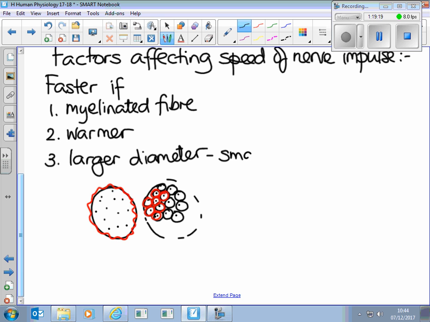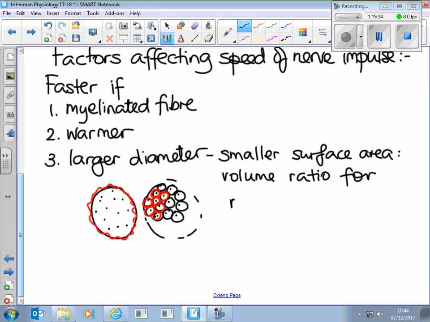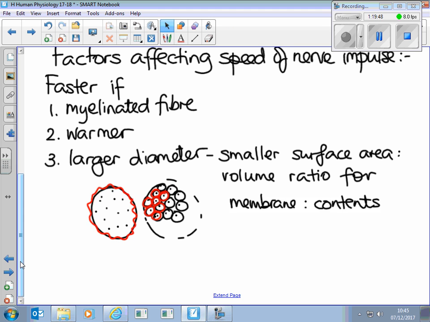So it's a smaller surface area to volume ratio, for membrane to contents of the cell, which includes cytoplasm and mitochondria. Okay.